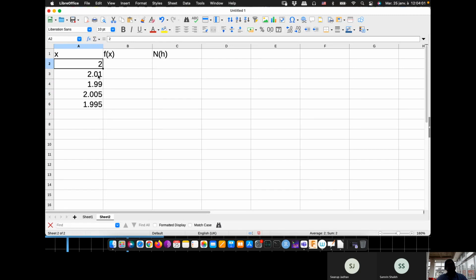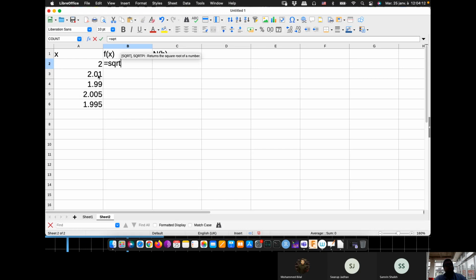And you have to find out the values of f at these points. So how do I enter the square root in Excel or in LibreOffice? SQRT is the command for square root. You have to say x minus 2, bracket, into x plus 3, bracket.